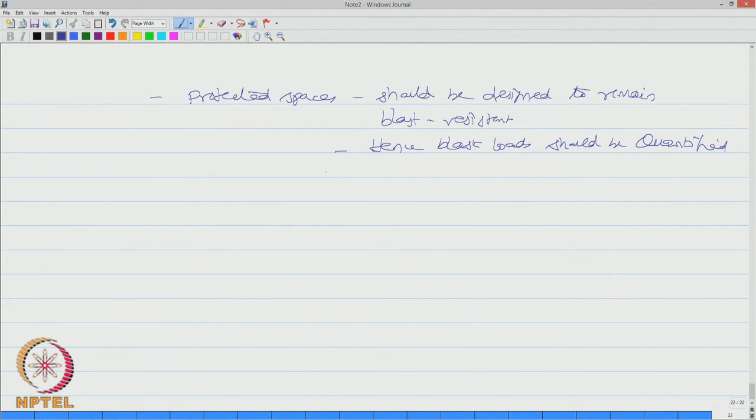Protected spaces must be enclosed in all four sides by walls and doors. It should not become extensively hot.